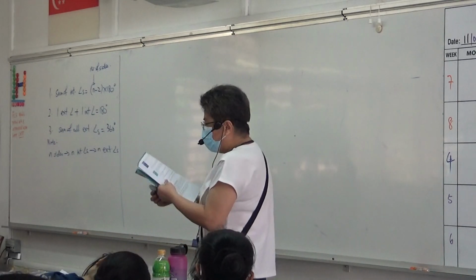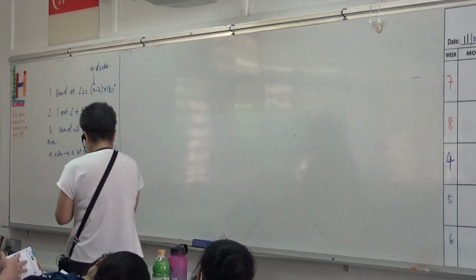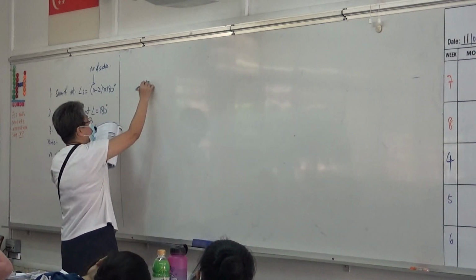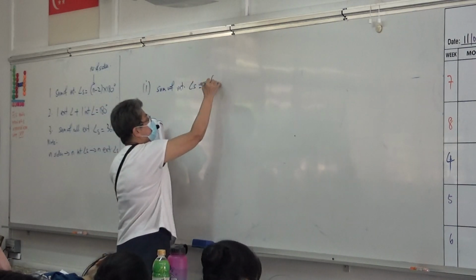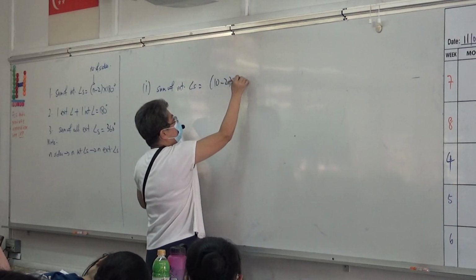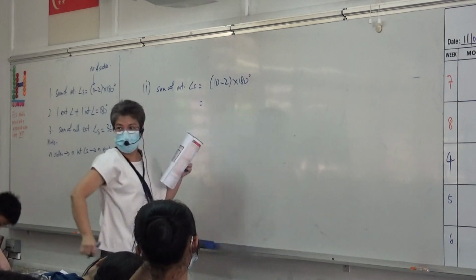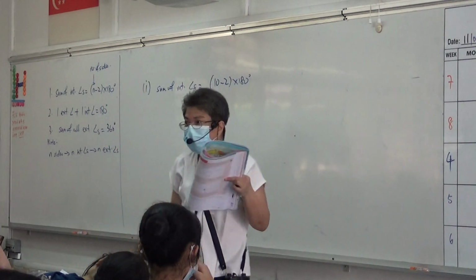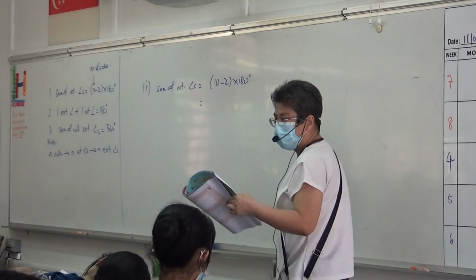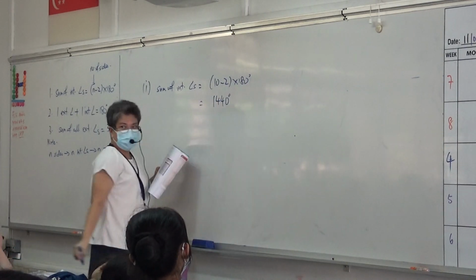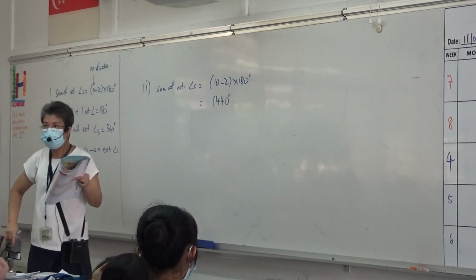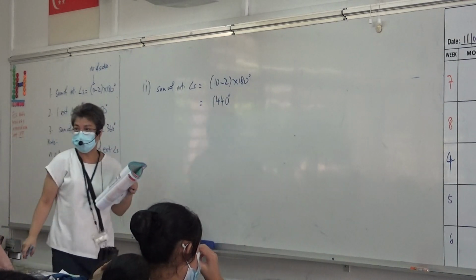Calculate the sum of interior angles of a regular decagon. The sum of interior angles will be 10 minus 2 times 180, am I right? Correct? So what's the answer? 1440 degrees. Understand? All the 10 angles add up to 1440 degrees.